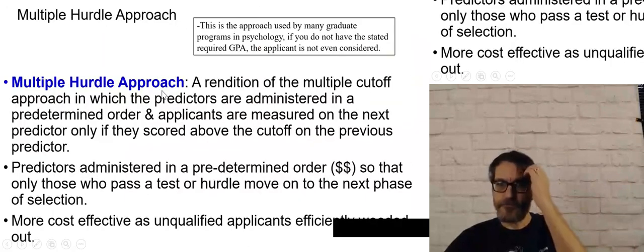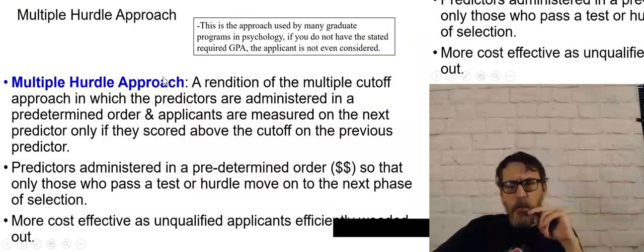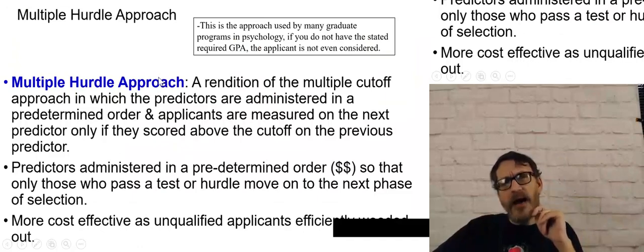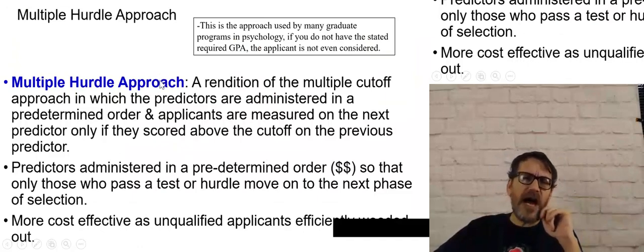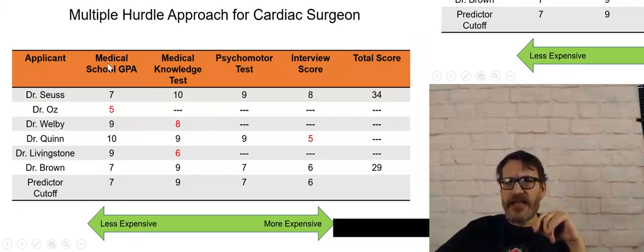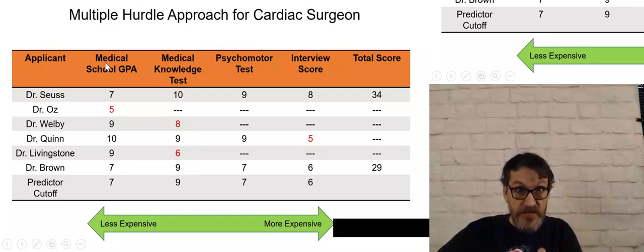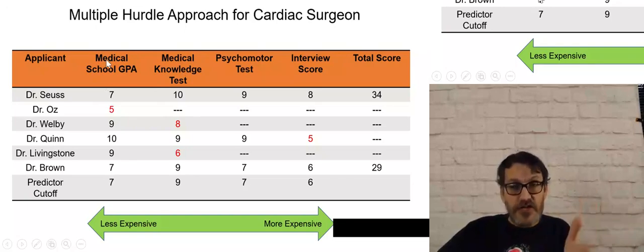So in a version of this multiple cutoff approach, because the multiple cutoff approach is time consuming, expensive, let's take the same idea and just go like this, okay? We're going to put them in order. That is to say, put first the cheapest, fastest one, the second cheapest, fastest, the third cheapest, etc. And so we're going to start to administer these portions of the battery.